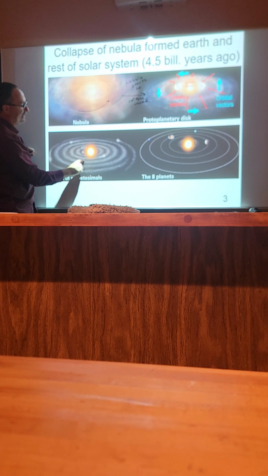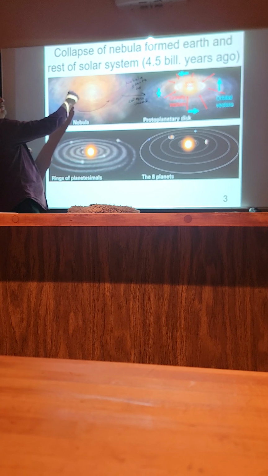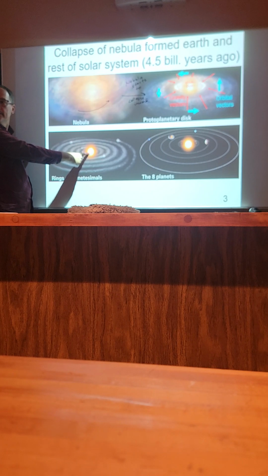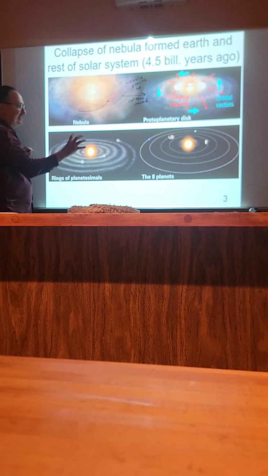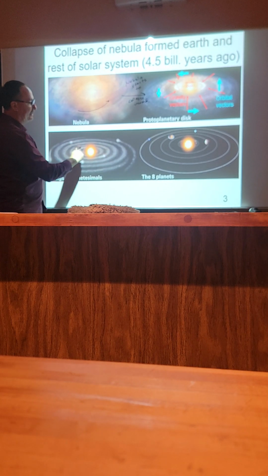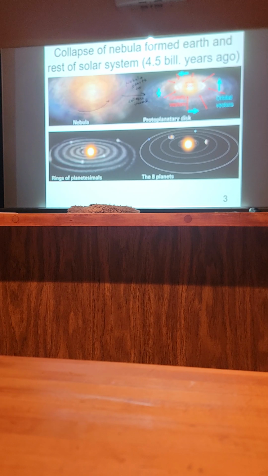And so you end up with these rings of debris. All of this debris that was in the nebula ends up much more concentrated in the end result, in these really discrete bodies. So most of that matter ends up here, right in the middle, and then you end up with these rings around. And in these rings, you have dust that collides with other dust particles and collides with rocks, and so things are just colliding and getting bigger and bigger.